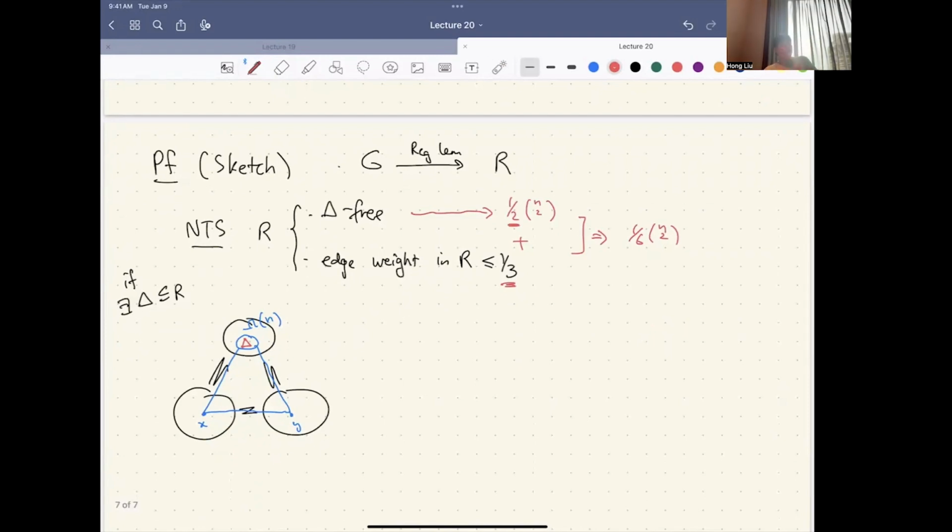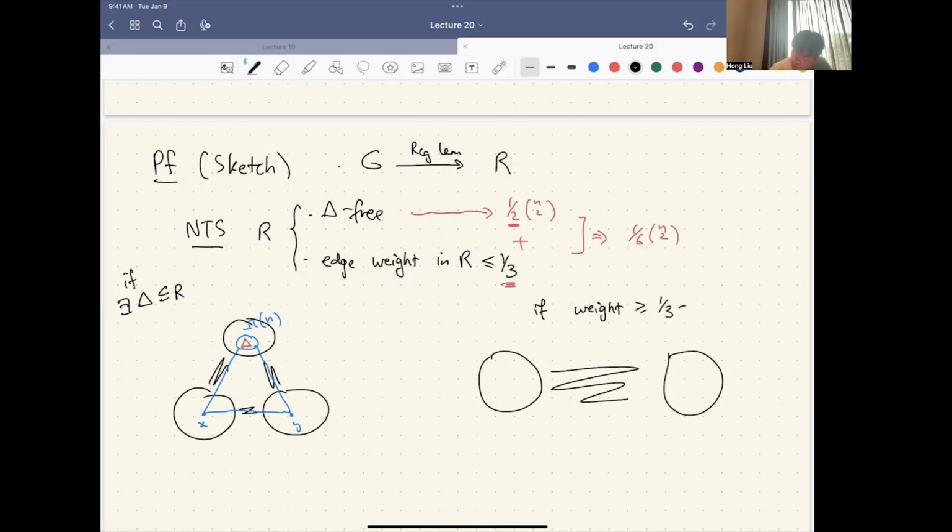This is why this is triangle free. Why the edge weight is less than 1/3, this is also easy. If the edge weight is bigger than, let's say, 1/3 plus epsilon, then first of all, by cleaning, there are some vertices that are atypical to the other side.